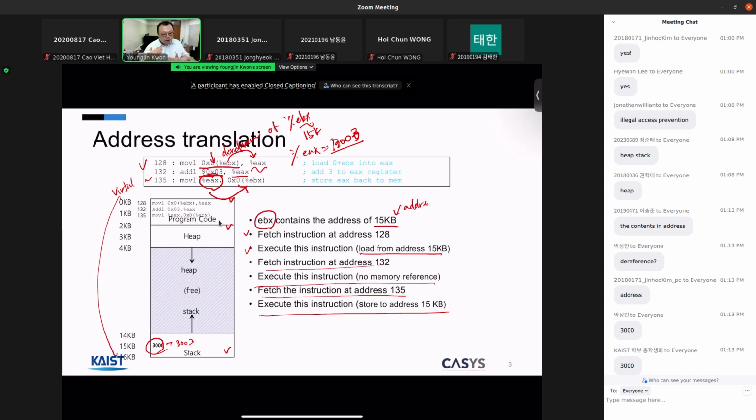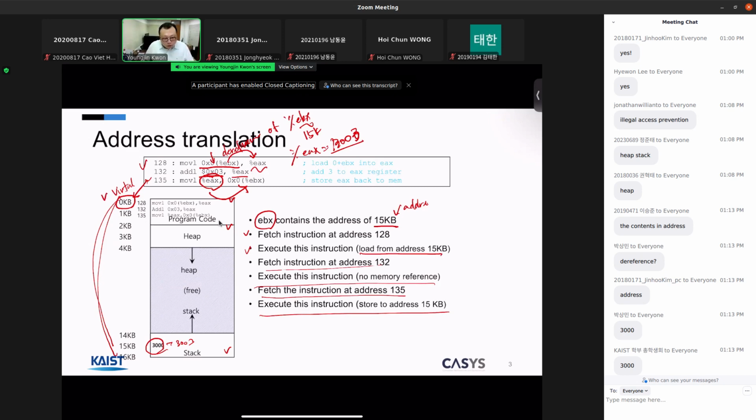When your program starts, it has a starting address of 0. Your binary, your virtual address space, always starts with 0.